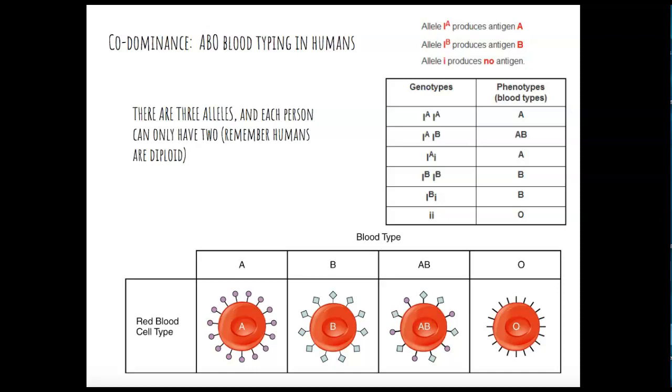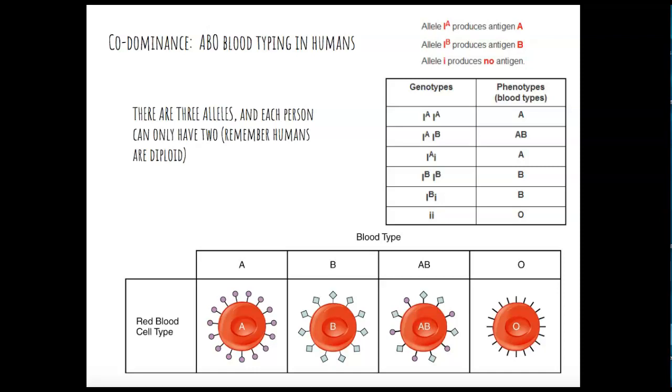So genotype big A, big A would create type A blood. Genotype big A little i produces type A phenotype because the little i is the recessive trait in this. Genotype big B, big B produces B blood type. Genotype big B little i produces B blood type.